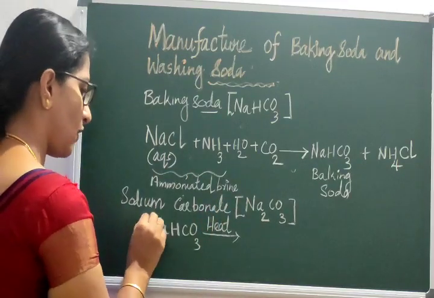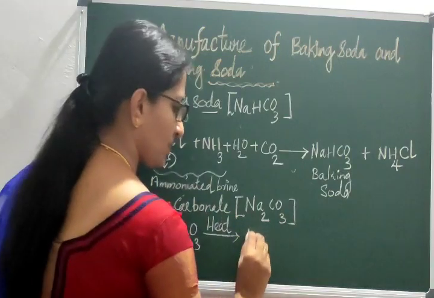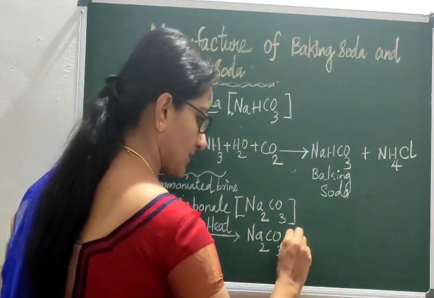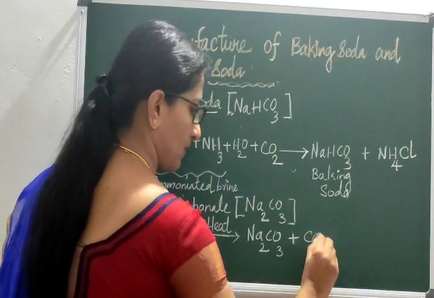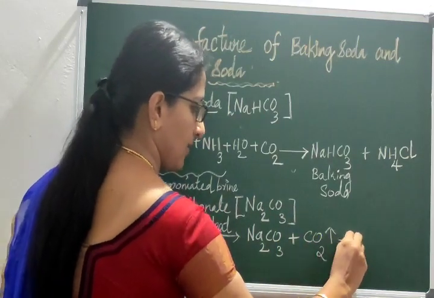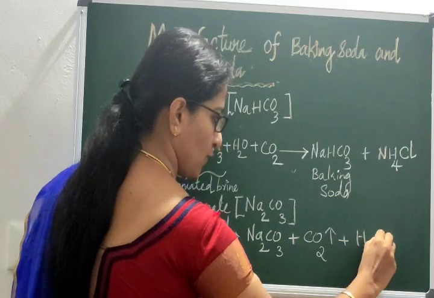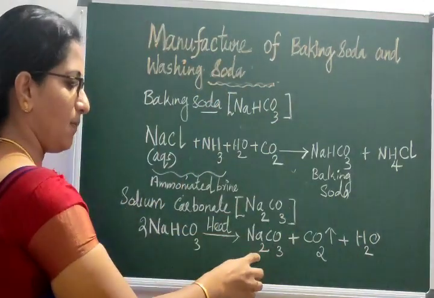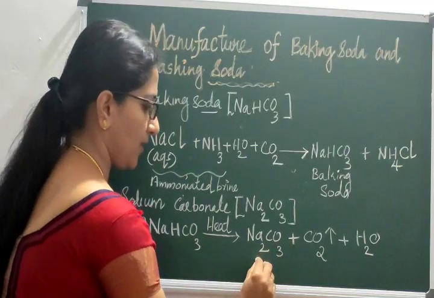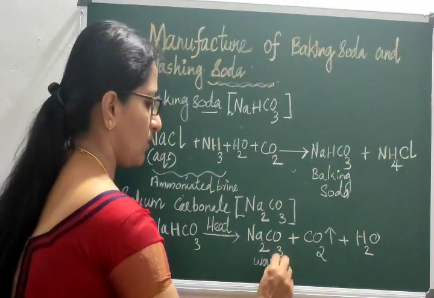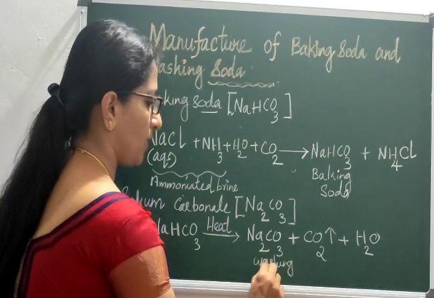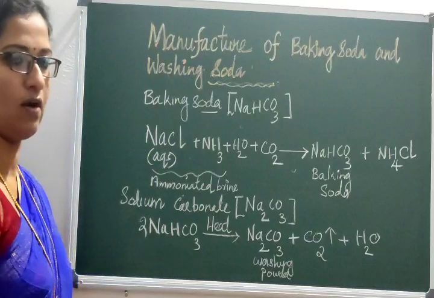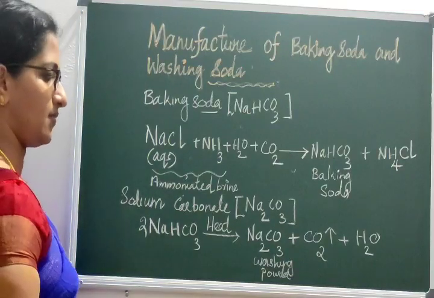When you heat strongly, you will get sodium carbonate plus carbon dioxide gas plus water. So using baking soda, we can prepare sodium carbonate, which is also called washing powder. This is mainly used in detergent. Washing powder is used in detergent.